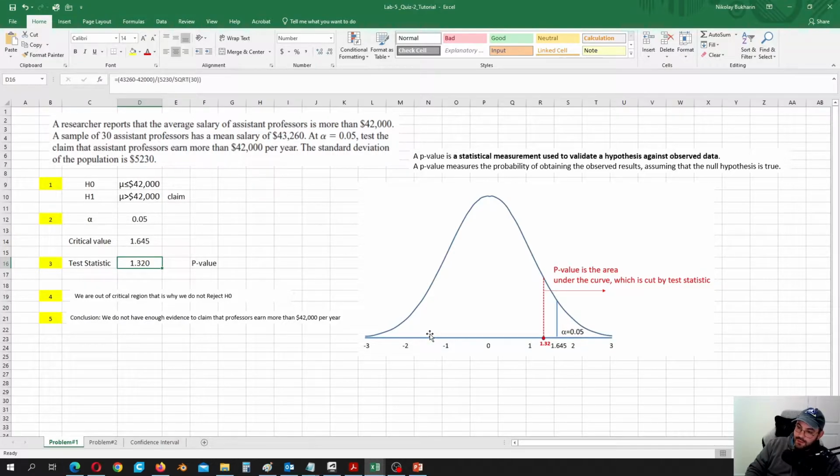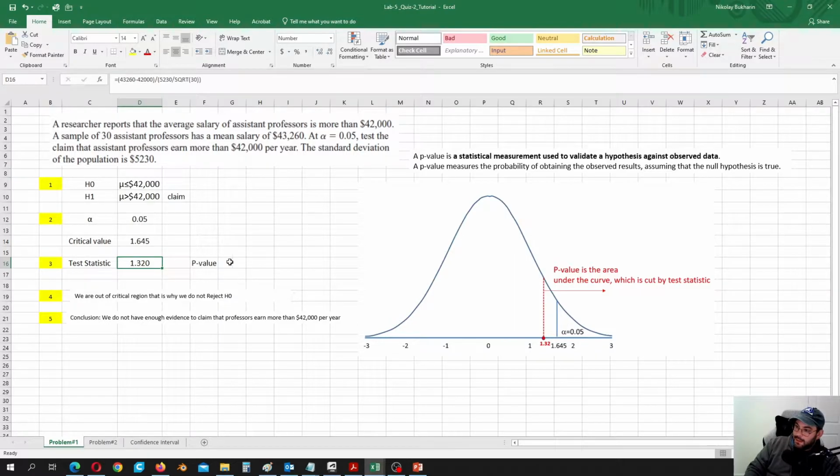If it's the left tail, we should calculate the area from the left of the test statistic. That area under the curve is the p-value. And again, the function of the p-value is the same. Based on the p-value, we are going to make the conclusion about H0, whether we reject H0 or do not reject H0, and based on that, we make our final conclusion about the claim.